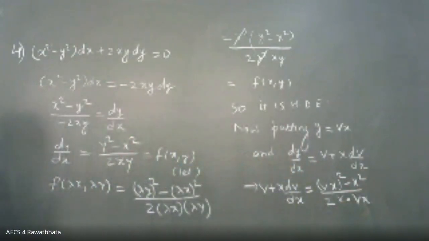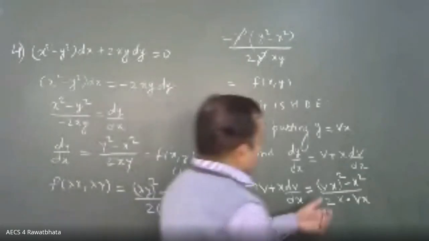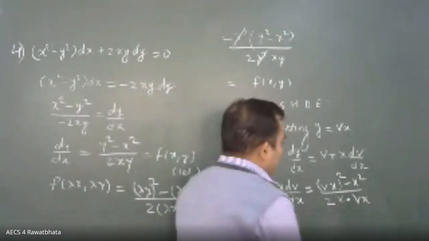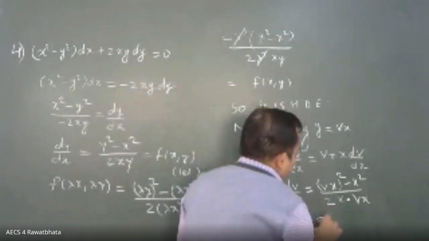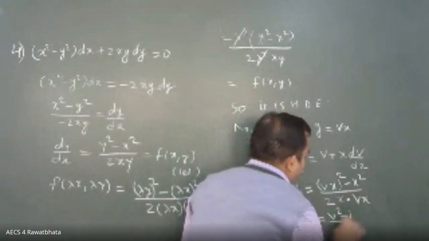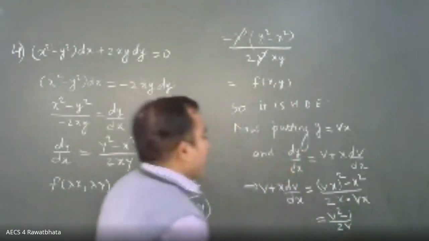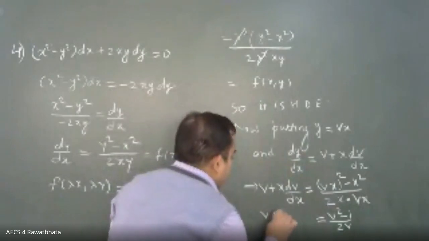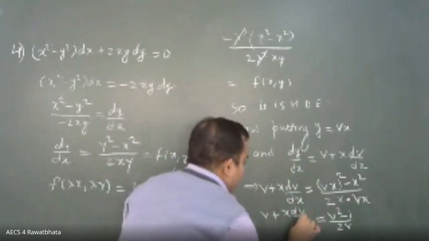Correct. Students, I hope you can see x square common and can be cancelled with the denominator x square. So this will become v square minus 1 whole upon 2v equals to v plus x dv upon dx.